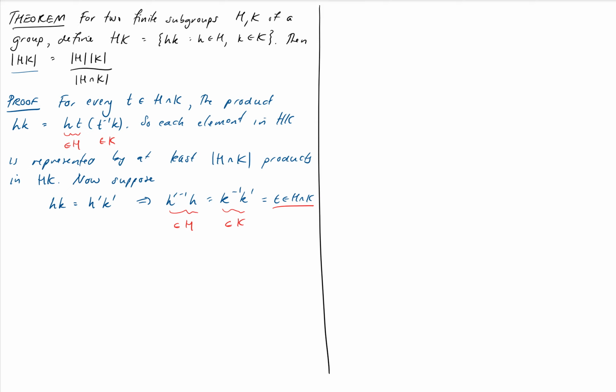So if I have two different ways of writing the same product, they're automatically of the same form as I wrote up here. So actually there are exactly that many.